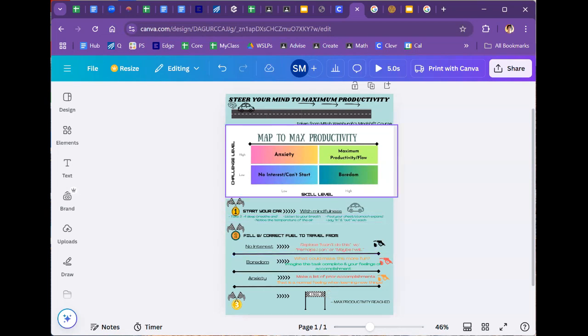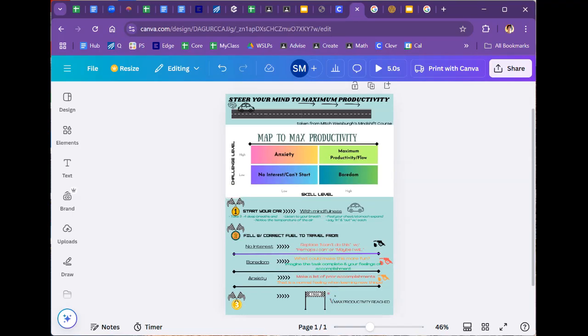But if their car's sitting in the no interest zone or they can't start, then replace the I can't do this with perhaps I can, just to get it moving. That's the right fuel to help them start going. If they happen to be in the boredom zone, they can think about what could make this more fun for themselves. So they ask themselves those questions.